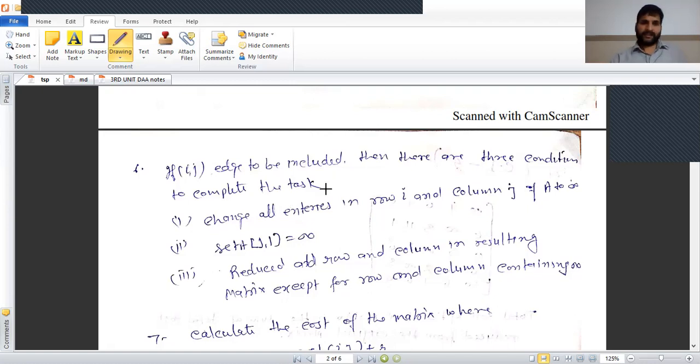The first condition: change all entries in row i and column j of A to infinity. The second condition: set A(j, 1) to infinity. The third condition: reduce the rows and columns in the resulting matrix, except for rows and columns containing only infinity.